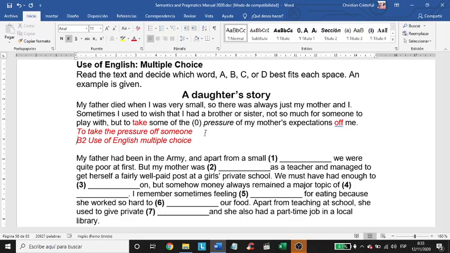You can practice online or you can download old exams, but I need you to do this kind of exercises. Okay, you have 4 options, not 3, as we usually do. B2 is called First, Advanced, PET, FCE. FCE B2, use of English multiple choice. That's what you need to look for.